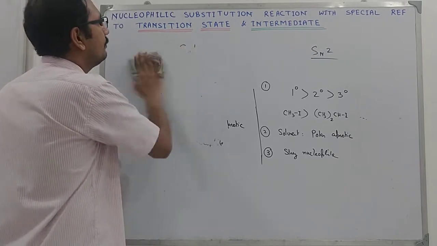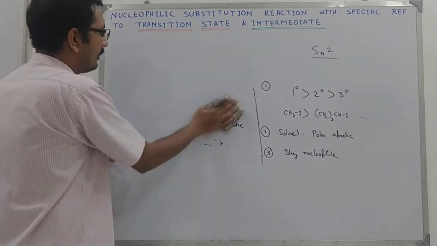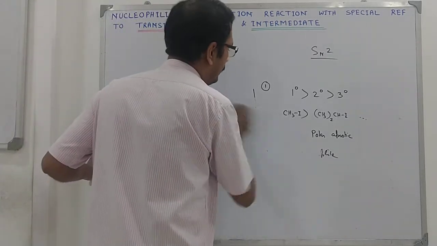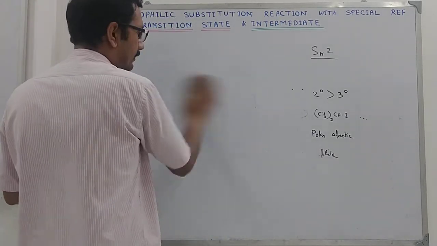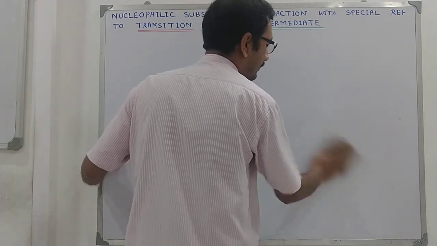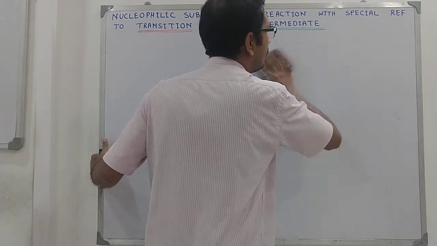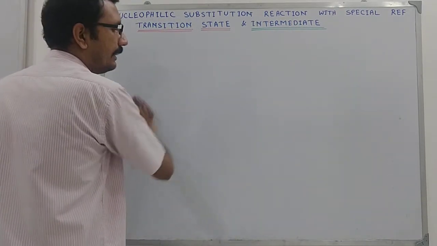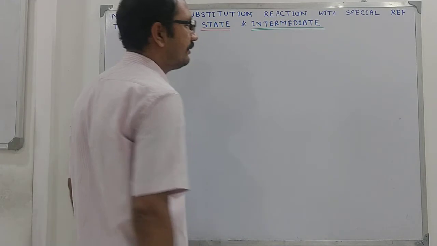Now we come to the concept of the transition state and the intermediate. I have told you just now that a transition state cannot be scavenged, that is, cannot be trapped. It is a hypothetical structure. And an intermediate can be trapped.